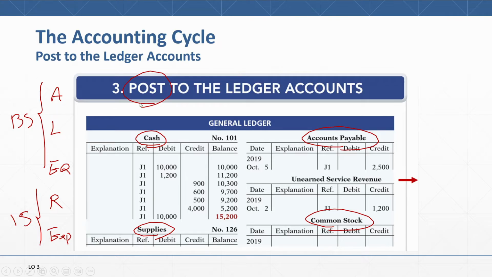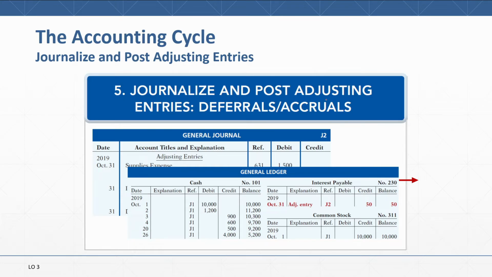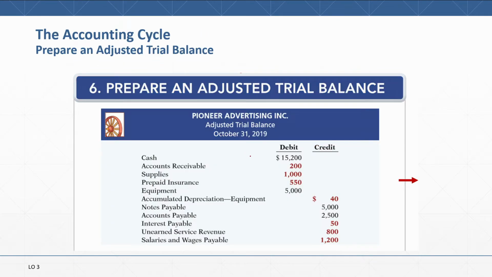After posting the amounts into our ledger, we calculate the ending balances of each account, and ending balances will be transferred to our first trial balance. In the next step, we basically journalize and post our adjustments. In this case, we are not using worksheet. We are directly journalizing our adjustments. Then the adjusted balances will be used to prepare our adjusted TB. That's step 6.